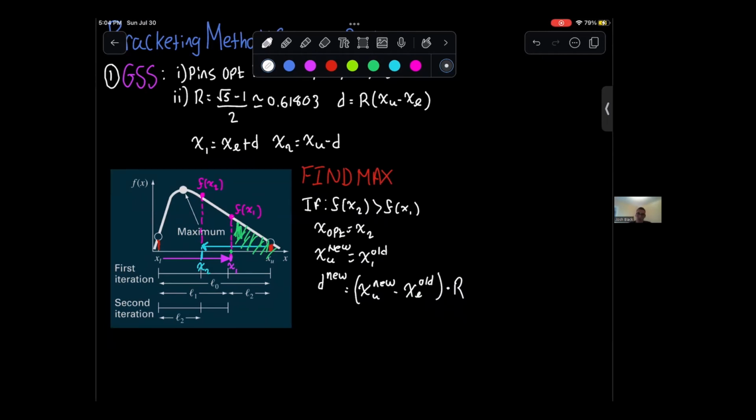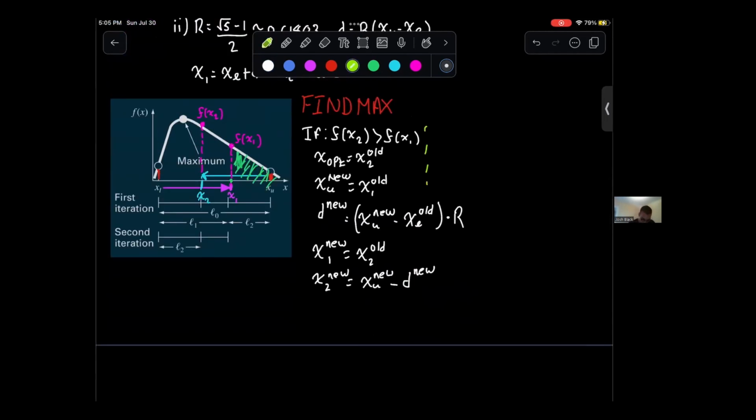My x2 is already my new d away from x lower. So I'm just going to make x1 new equal to x2 old, or my x optimum. From here, I can make a new x2, which is just my new x upper minus my new d.